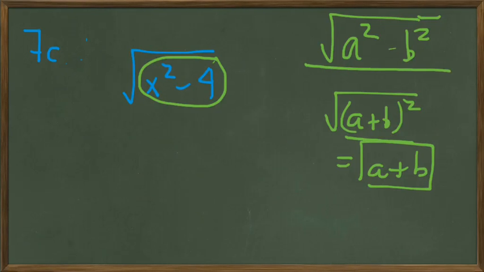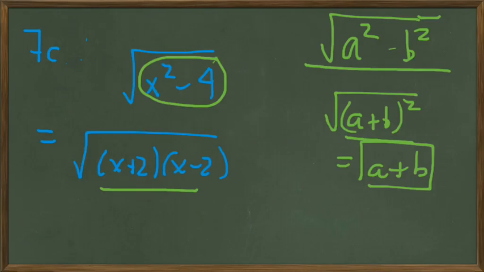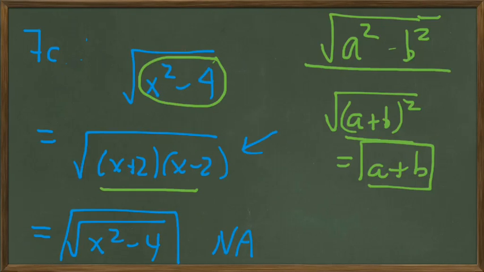Whereas in this case, we can rewrite the expression under the radical like this, but it's not something squared under the radical, and so this problem does not simplify at all. There's no value in writing it this way, and so NA is the answer because there's not any way to simplify it.